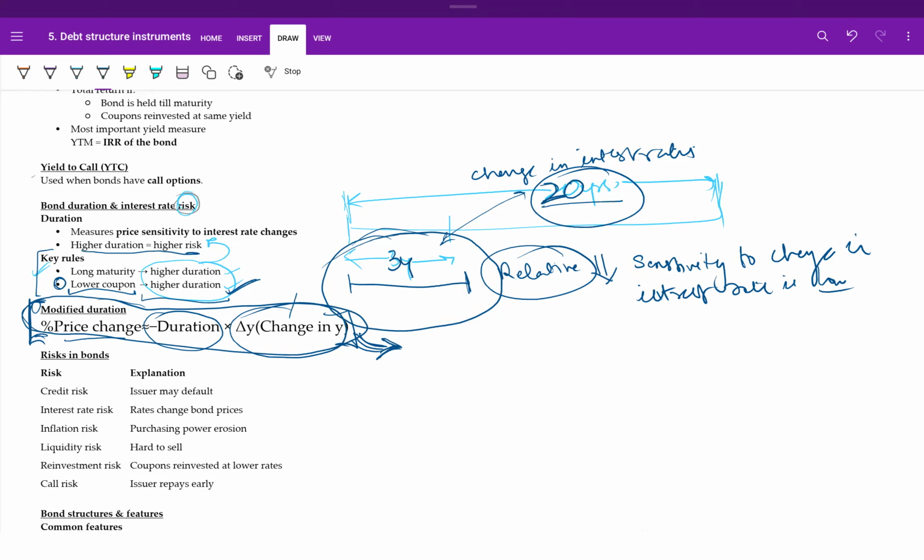Y represents yield. The meaning here is that if the interest rate increases, the price of the bond will fall, and the duration tells us how much they fall, because this is constant, and this is a change, and this is also a change.